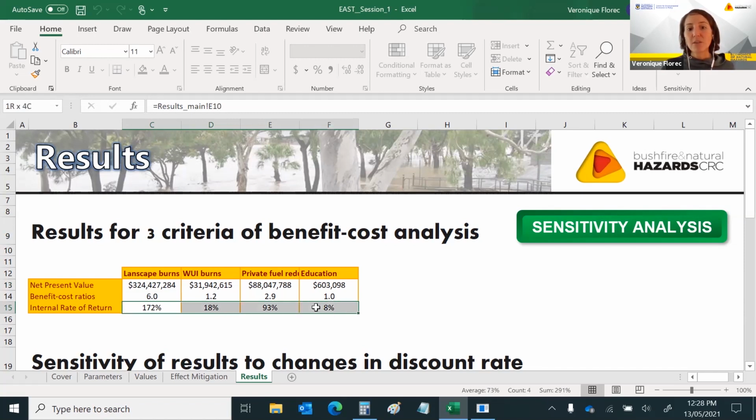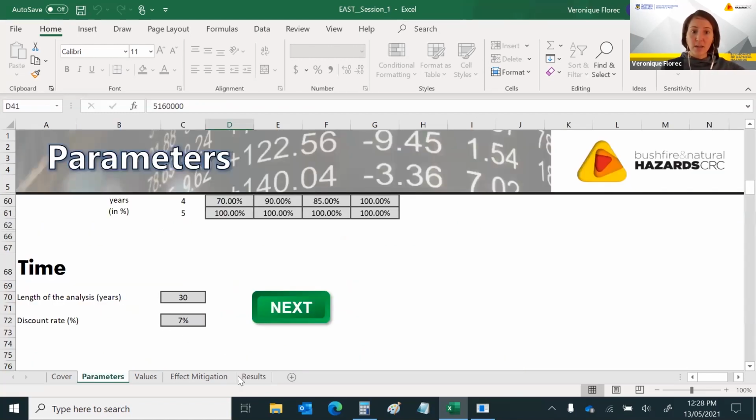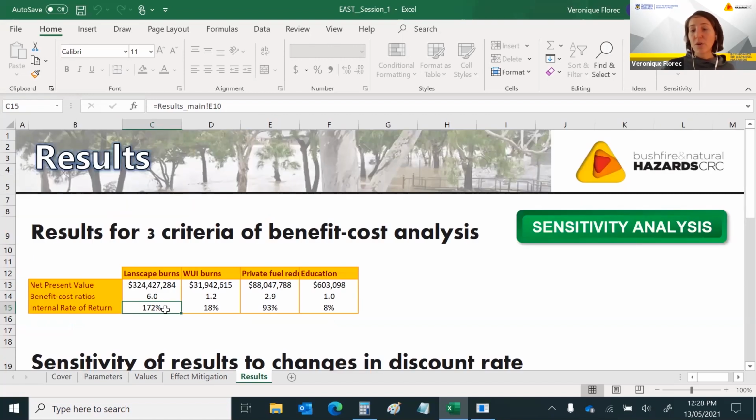The internal rate of return is simply information about at which discount rate my net present value would be equal to 0. So at which point are we breaking even, for which discount rate? If it is a lot higher than the discount rate that we inserted here, then we don't need to worry, because for many discount rates that we try, this is still going to provide some benefits.